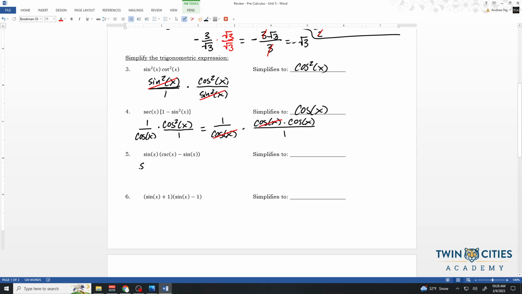So I'll have sine of x over 1. I'm going to write these as fractions. Times cosecant, I said, is going to be 1 over sine of x. Minus sine of x over 1.